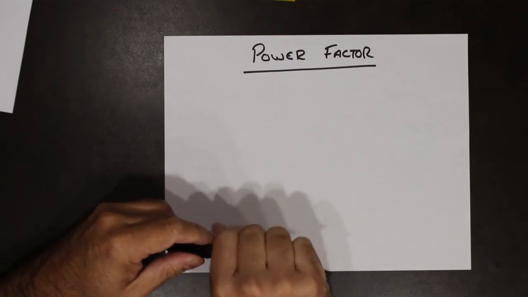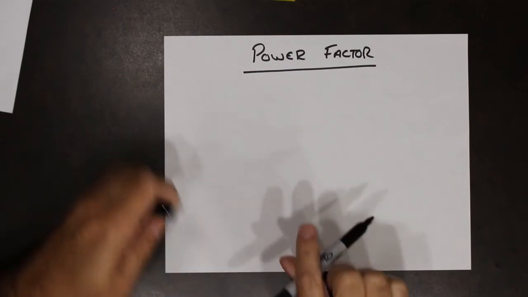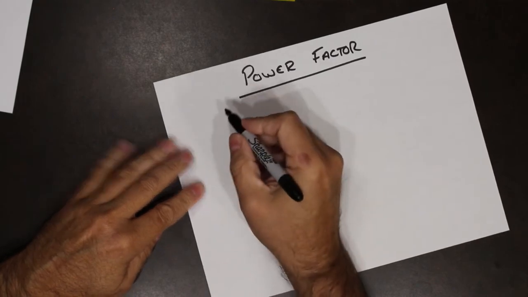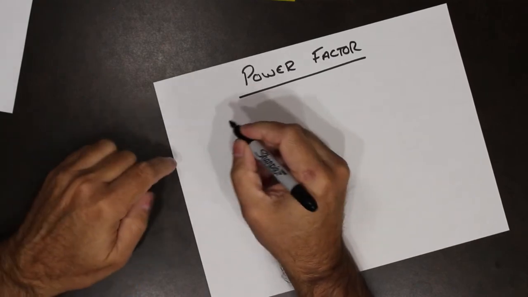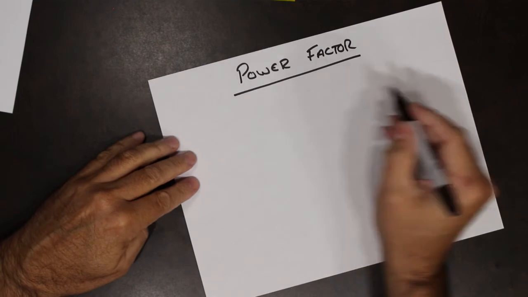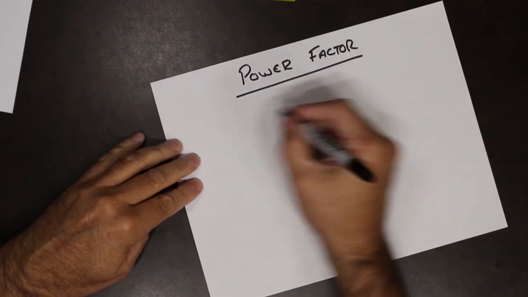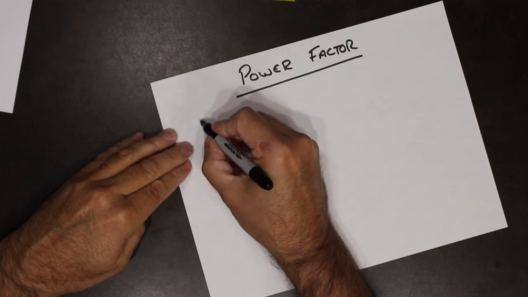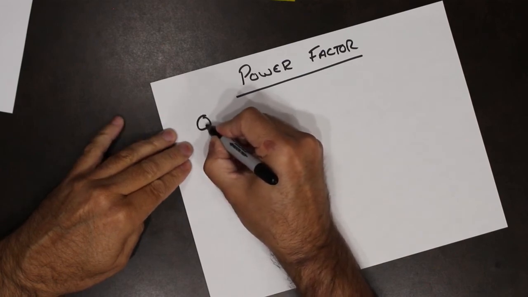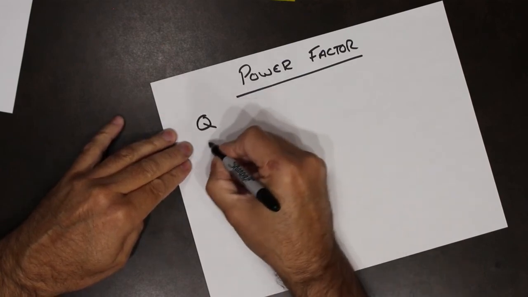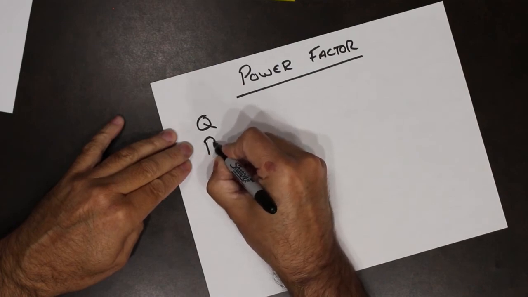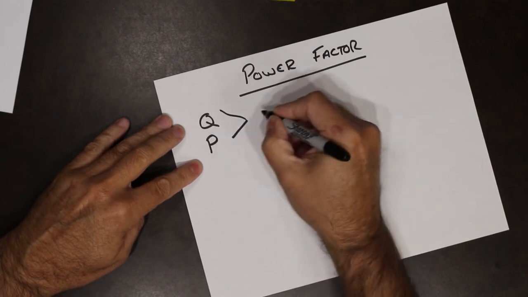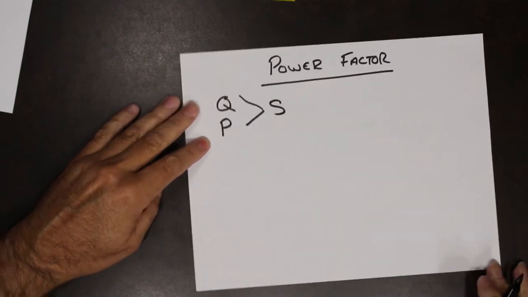So, as an example, if we did a bunch of calculations on, let's say, a machine in a factory. If the machine had a motor in it, we would have Q. We would have P if that motor was doing some work. And together, we end up with apparent power.